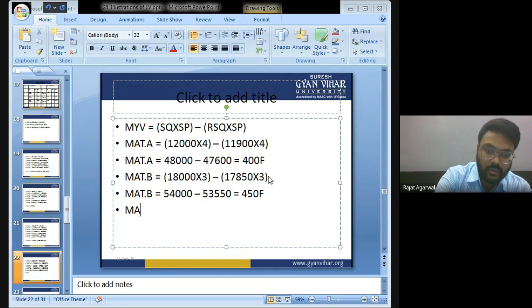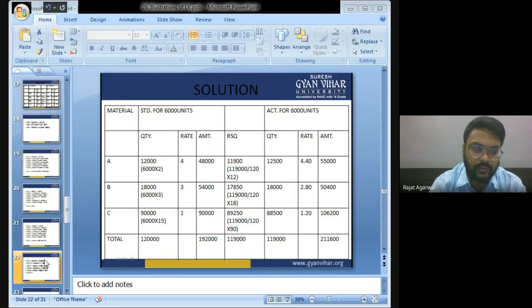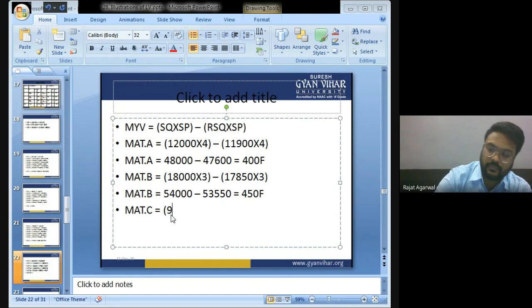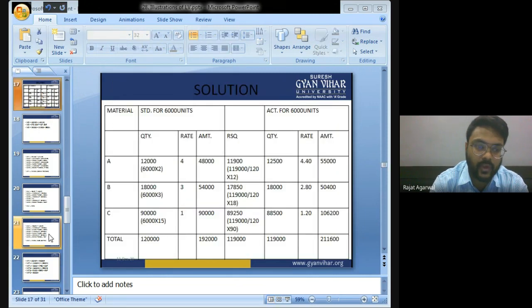Now, material C. Standard quantity of C is 90,000 into standard price of C, which is 1.